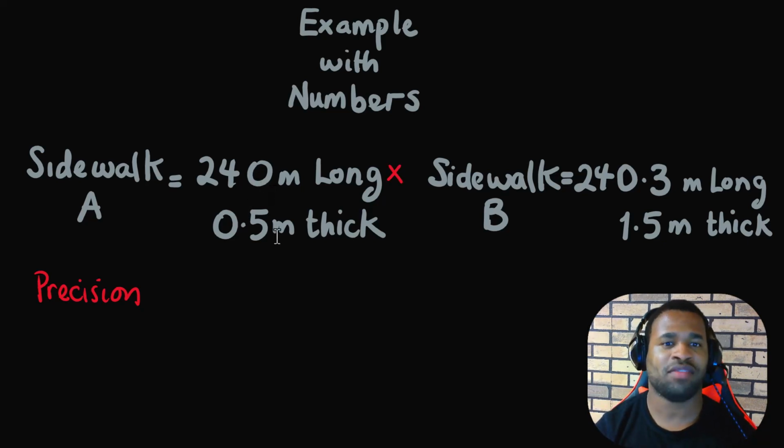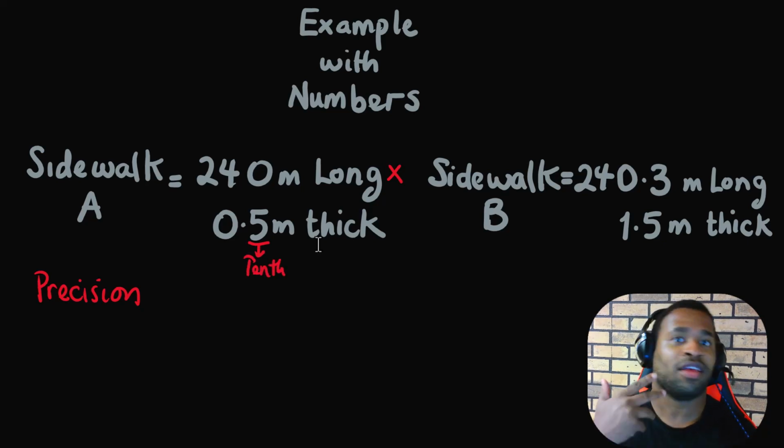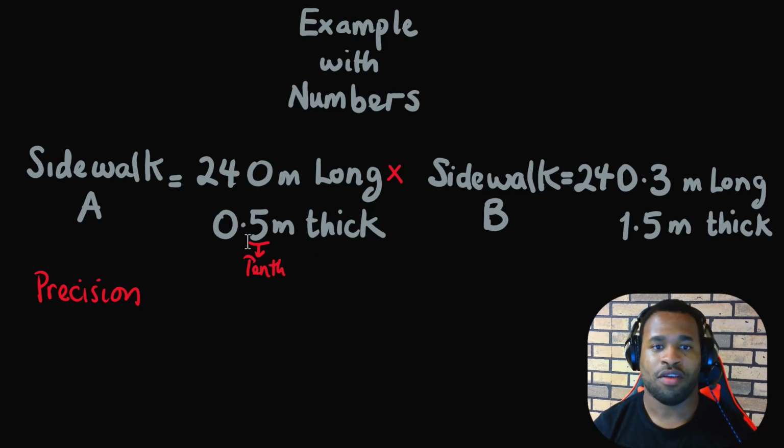no decimal point. However, for sidewalk A's thickness, which is 0.5, 5 is placed as the 10th, which is the last digit that is after the decimal point. Therefore, this here is more precise than 240.